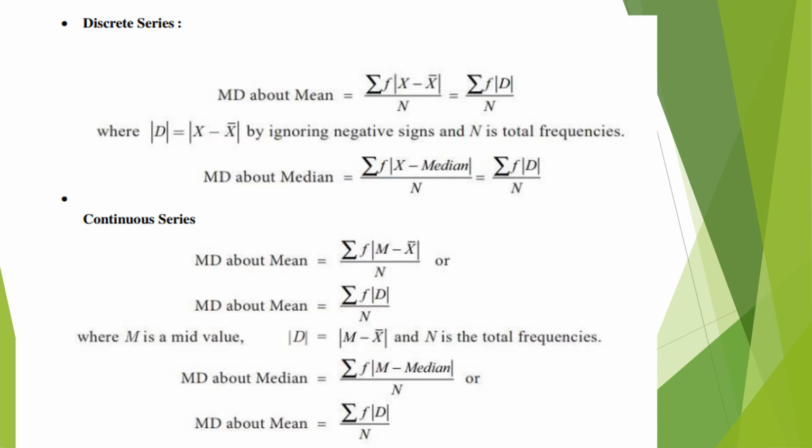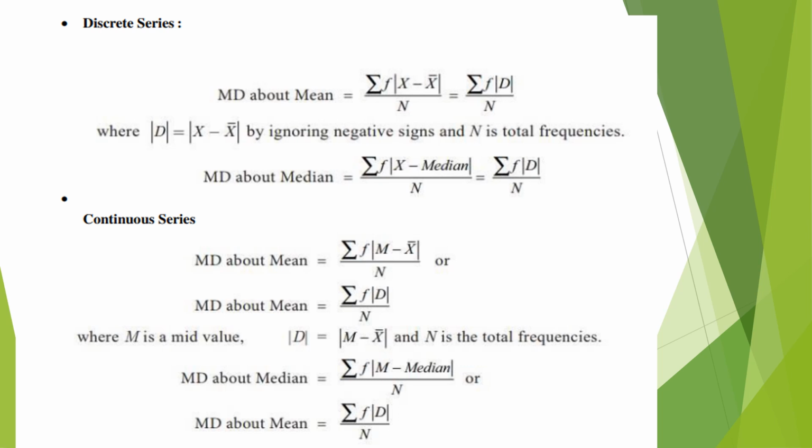In discrete series, remember one thing, mean deviation about mean, we multiply the numerator by frequency, rest of the formula remains the same, and in the denominator, summation of f, that is capital N. In individual observation, we use number of observations. Next is the mean deviation about median, sigma f into mod of x minus median upon n.